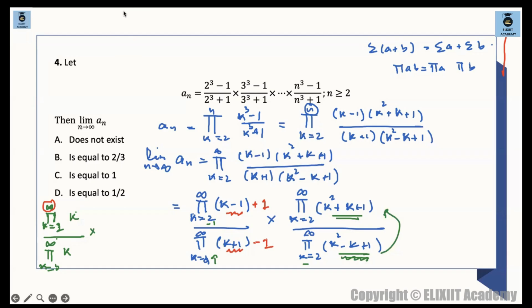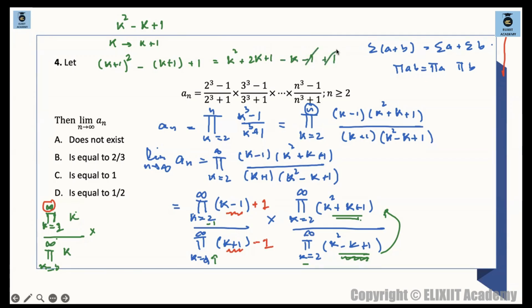देखो k square minus k plus 1. If you replace k by k plus 1, you can easily bring it into the form which is given in the numerator. Mane k plus 1 whole square minus k plus 1 plus 1. You simplify this: k square plus 2k plus 1, and similarly minus k minus 1 plus 1.